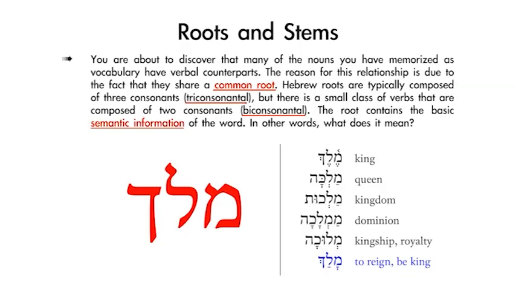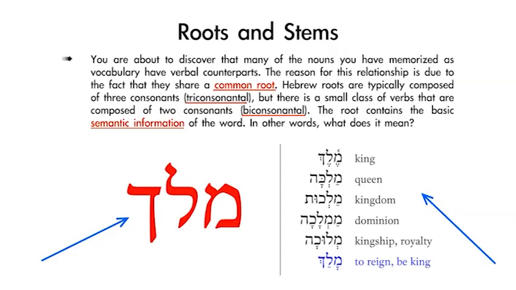Look at your screen with me and you'll see a triconsonantal root, mem, lamed, kaf, on the left in red. You'll see on the right a series of words derived from that root. Every word in this list contains the mem, the lamed, and the kaf root, and the meanings of these words are all related to dominion and royalty. Let's consider these examples.